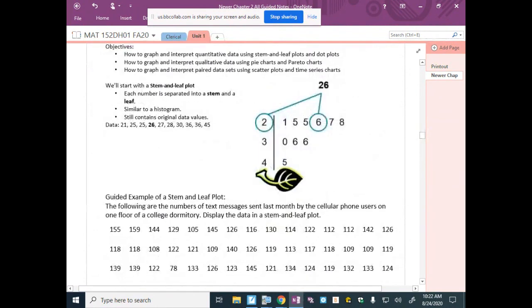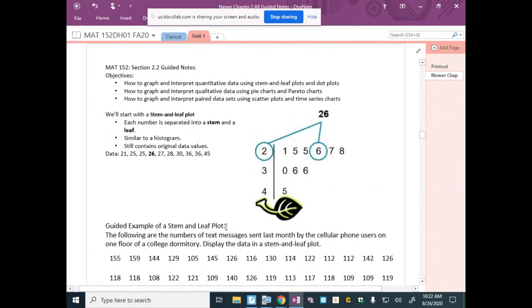Stem and leaf plots. The hardest plot that we've done was those histograms. So the stem and leaf plot and other plots are going to be a little easier, I think.